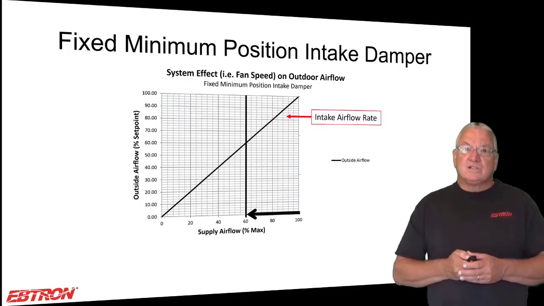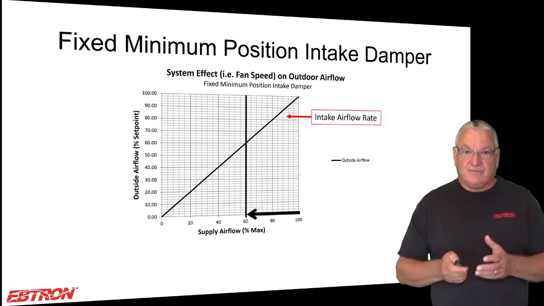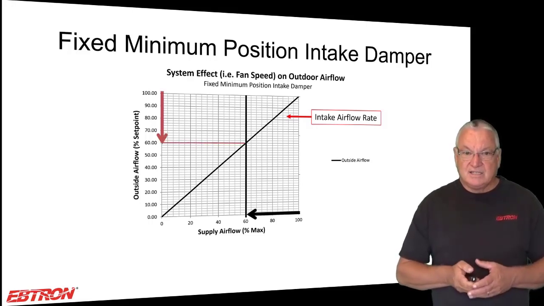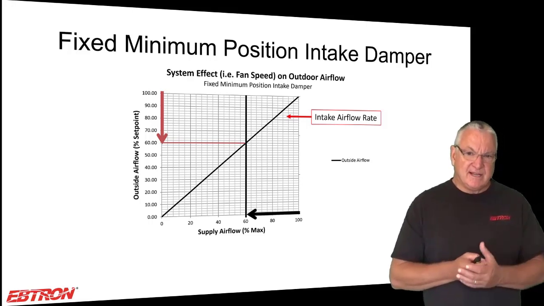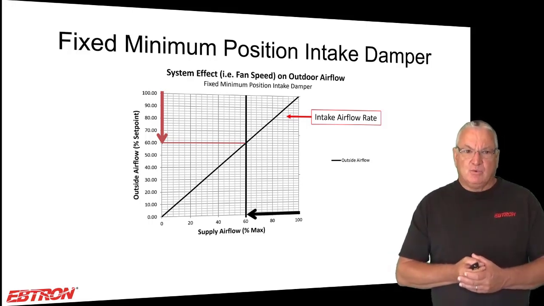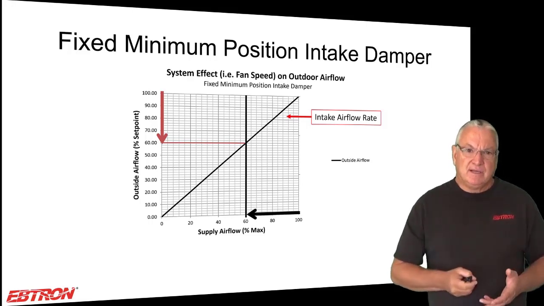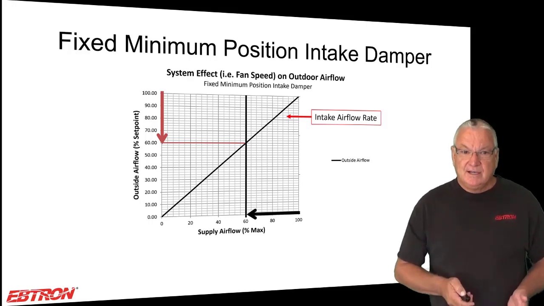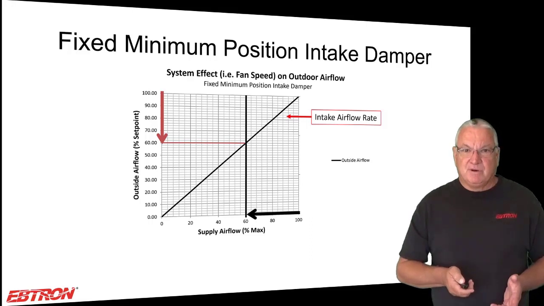And if you look at the corresponding outdoor air intake flow rate that went along with that, it's linearly proportional. So basically a 40% drop in the supply airflow would result in a 40% drop in the outside airflow, which is a pretty big problem.